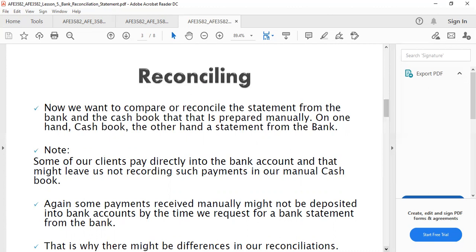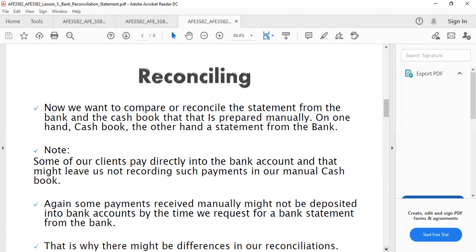So you won't even record the transaction in your cash book because you do not know whether I paid off my account. So such a transaction, whereby a client pays directly into the bank account, can be omitted in the cash book, because the business does not know whether they received a payment from their client.